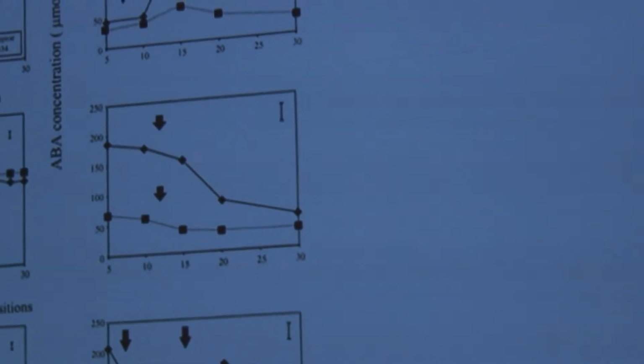Here I show, maybe it's a little bit small, a figure that is difficult to see from the end of the audience. But it shows the direct evidence of this abscisic acid signaling in the regulation of stomatal conductance in barley growing in compact soil.